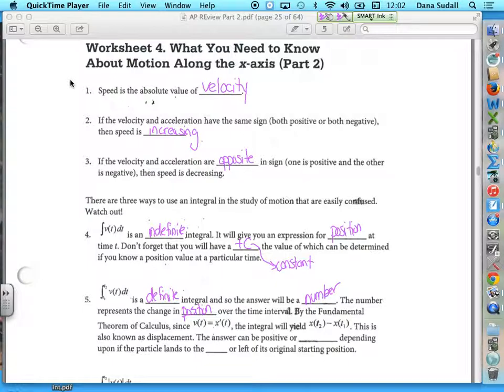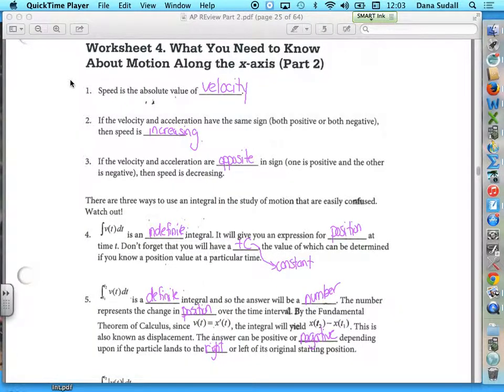By the fundamental theorem of calculus, since v of t is the derivative of x of t, which is the position function, the integral will yield the position function evaluated at the upper bound minus the other time. This is known as displacement. This answer can be positive or negative, depending upon if the particle lands to the right or the left. Right, it would be positive, left it would be negative, of its original starting position.